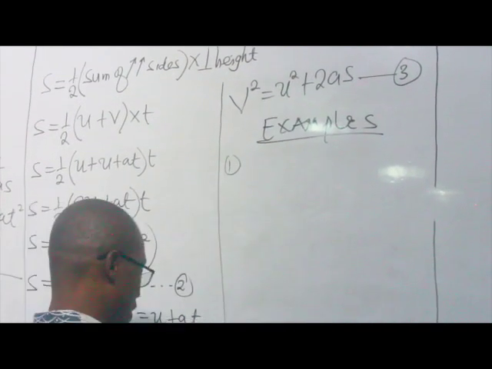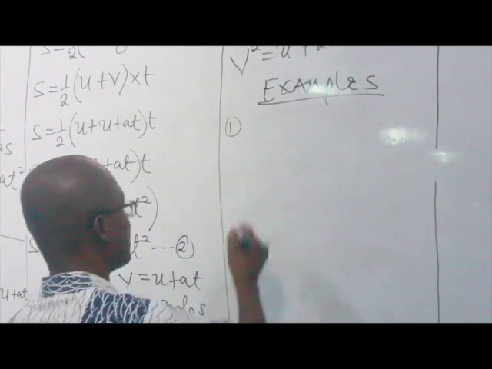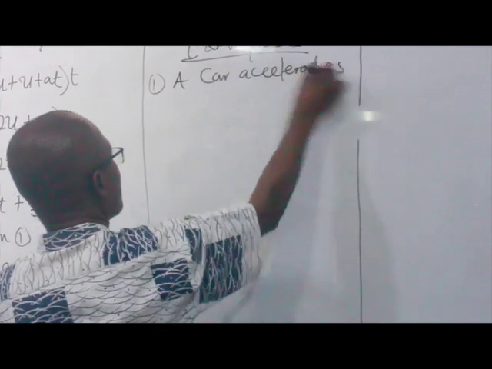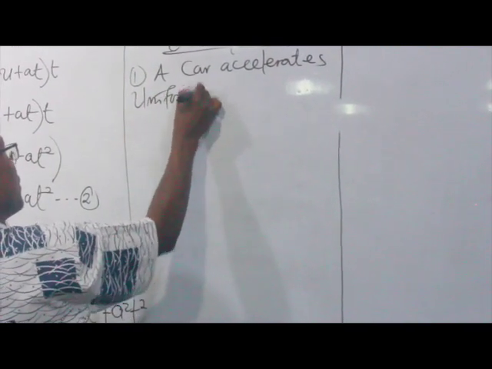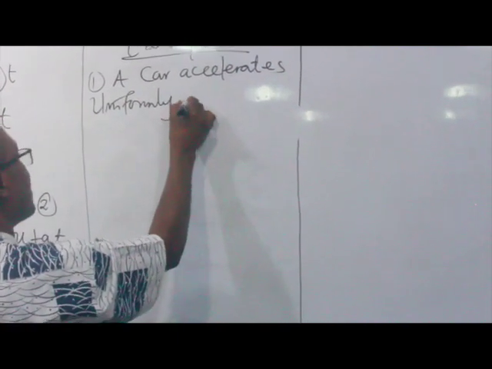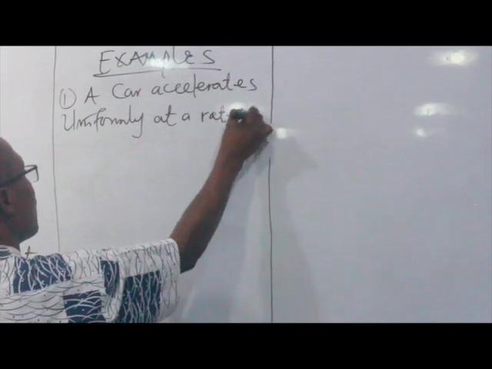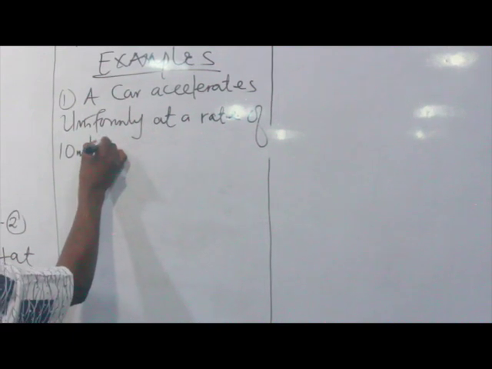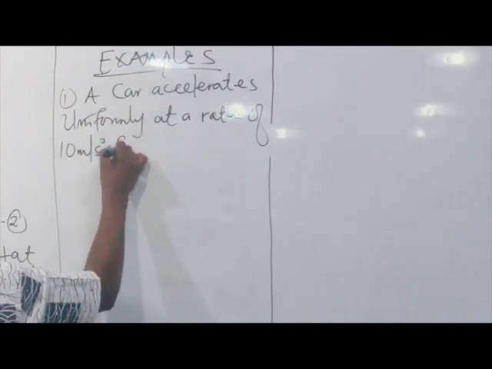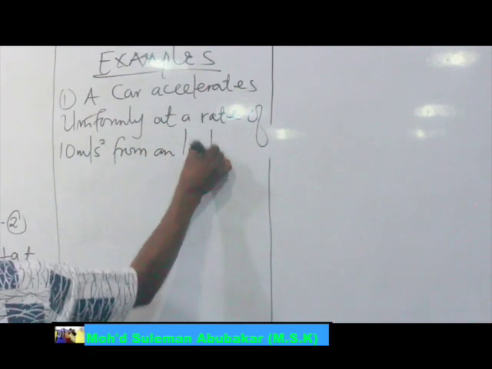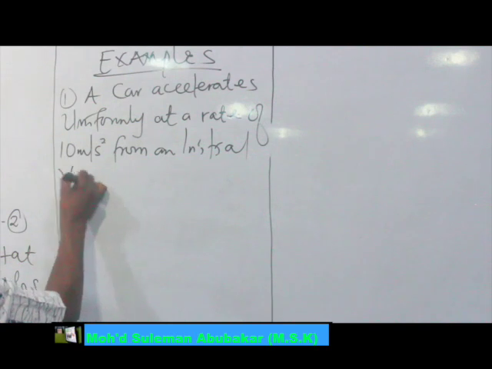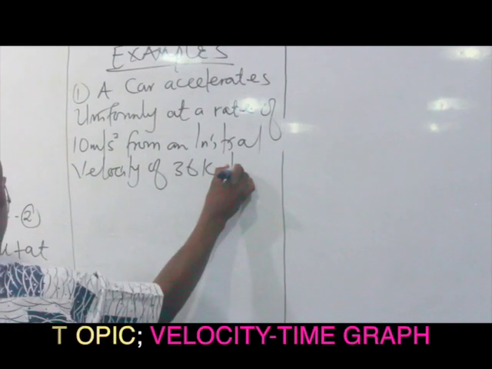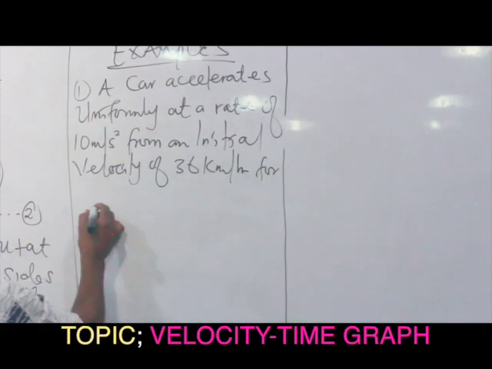The first one says a car accelerates uniformly at a rate of 10 meters per second squared from an initial velocity of 36 kilometers per hour for 30 seconds.